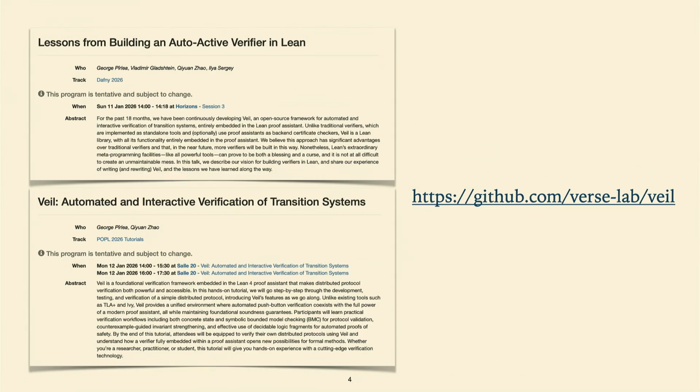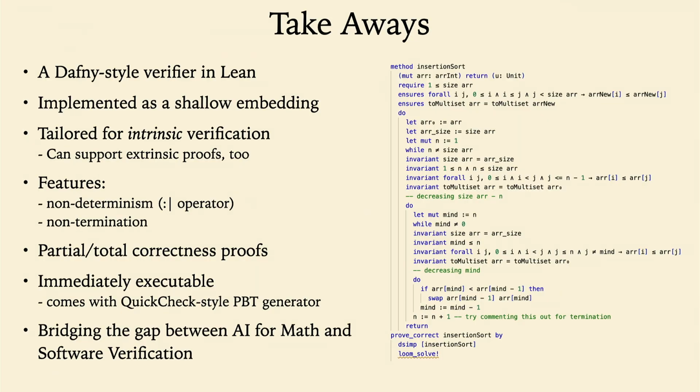That's the verifier for distributed protocols, and George and Qiyuan will also give tutorials on this tool. I really suggest visiting it because this is also mind-blowing. Yep, that was Velvet. Thank you very much for your attention.